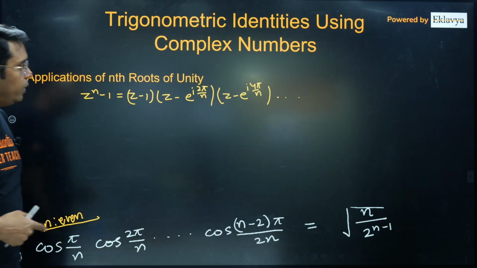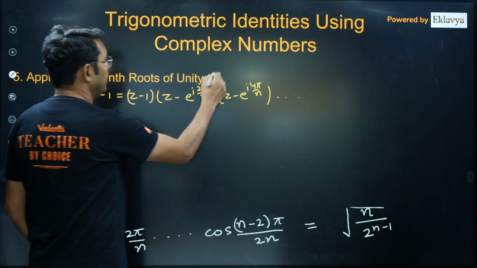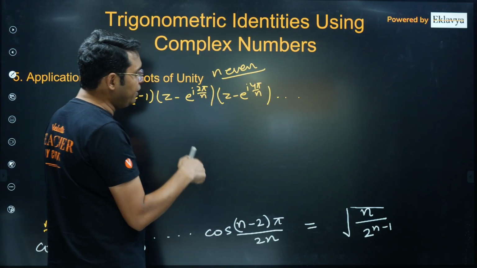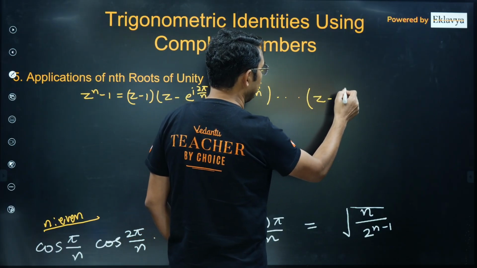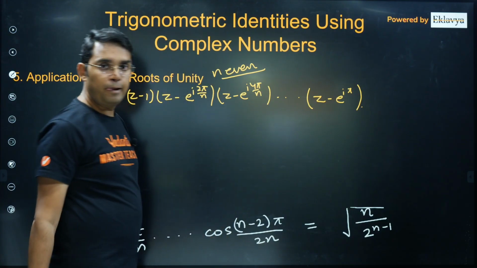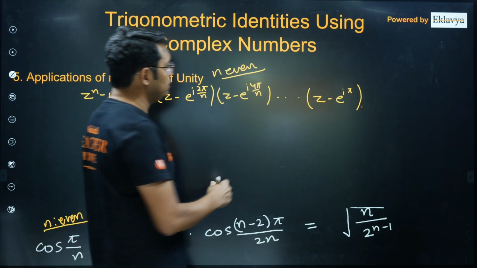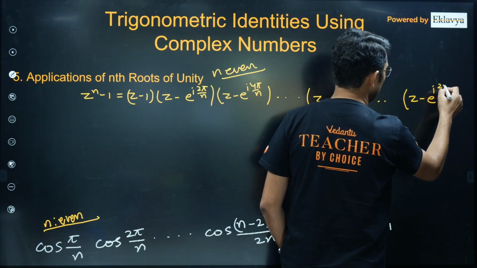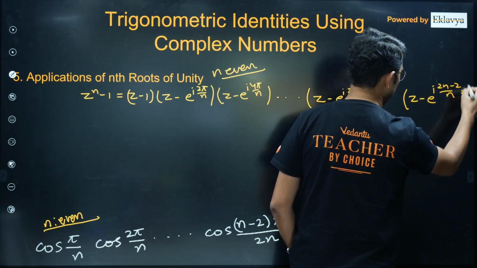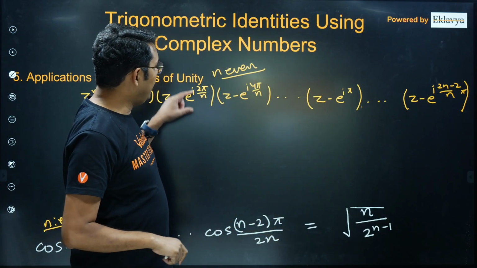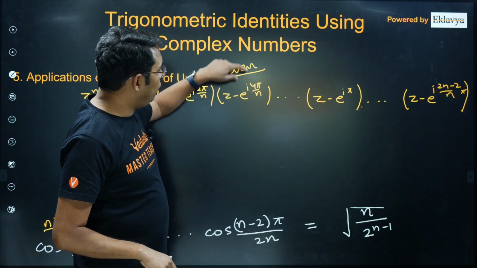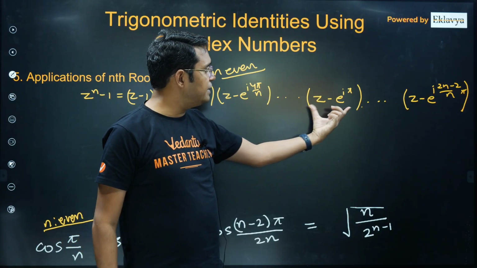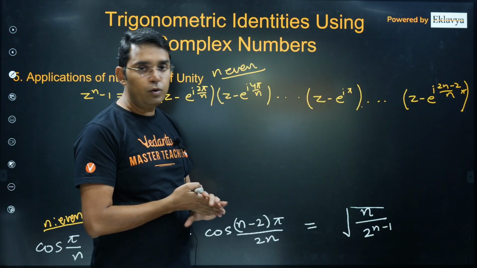Now, if we keep on doing like this, and because n is even, you can see there will be a point in between where you will be getting z minus e power iota pi. Because my last term, if you remember, was z minus e power iota (2n minus 2) upon n into pi. So there will be a value in between where this 4, 6 and so on will become n, and that n upon n will become 1, and you will be getting z minus e power iota pi. I hope you are understanding it.